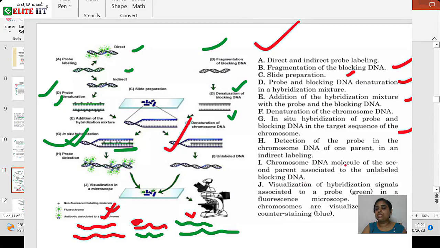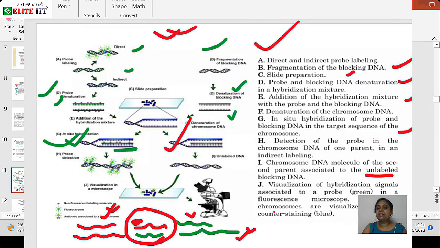Now, the chromosome DNA molecule of the second parent is associated with the unlabeled blocking DNA. In this case, the green one is the unlabeled one. Now, visualization of hybridization signals. So we are visualizing this part, the hybridization signals associated with a probe. In this case, green color. In this picture, a green fluorescent compound is utilized.